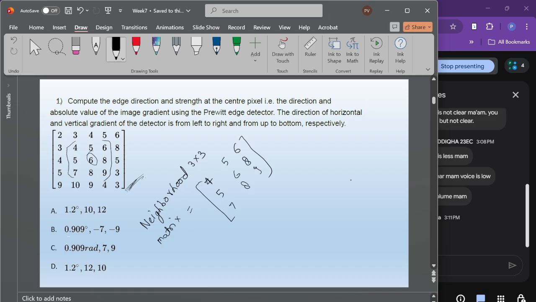As we know, the Prewitt operator uses two kernels to calculate the horizontal gradient, gx, and the vertical gradient, gy. What is our horizontal kernel for the Prewitt operator?